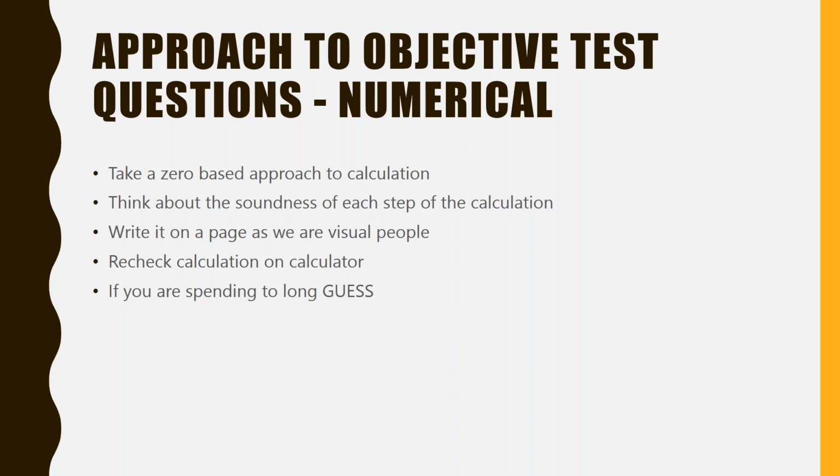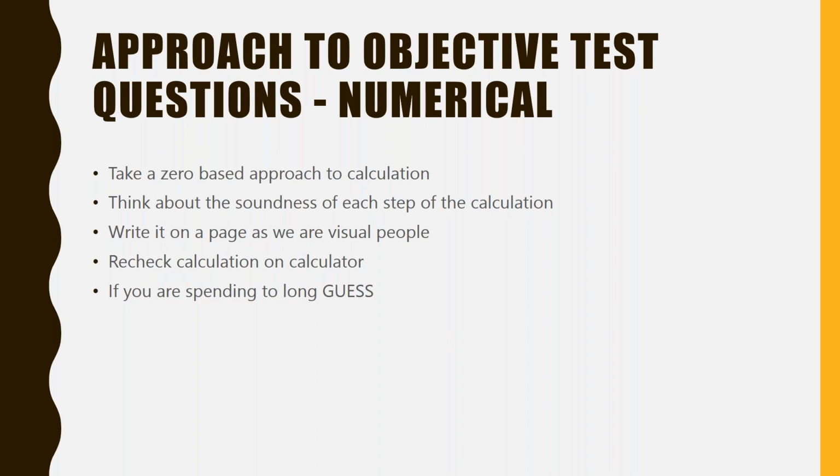Think about the soundness of each step in your calculation. Write it on a page, as you have visual people, whatever information they're giving you. Recheck the calculation on your calculator. And if after doing that you still can't get an answer, then you want to actually put something in the exam. So take a best guess of which one it is, A, B, C, or D.